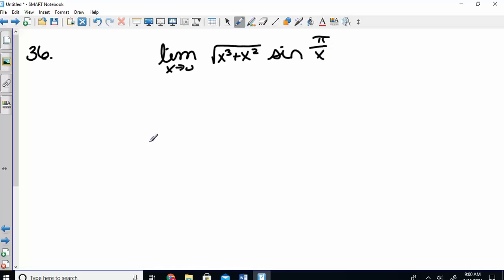What do we know about sine? It falls between -1 and +1. What's the next thing we do? We have to make the angles match.